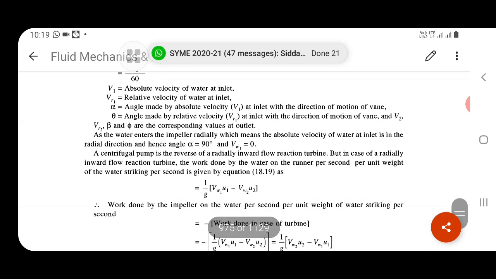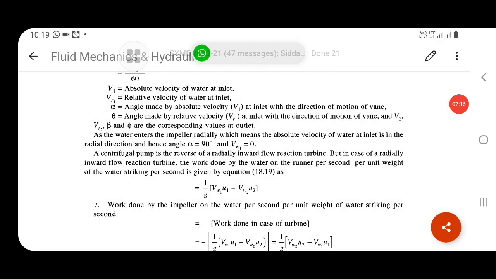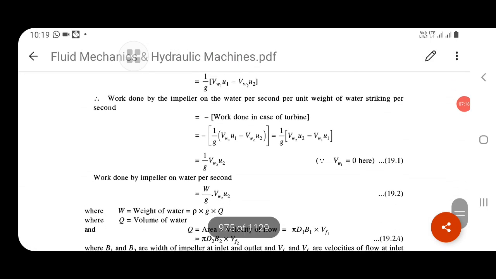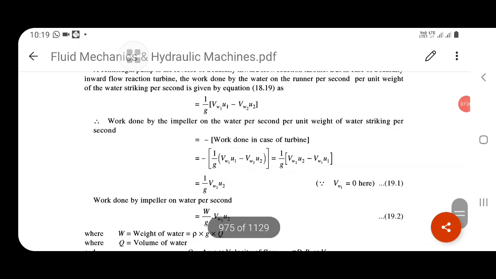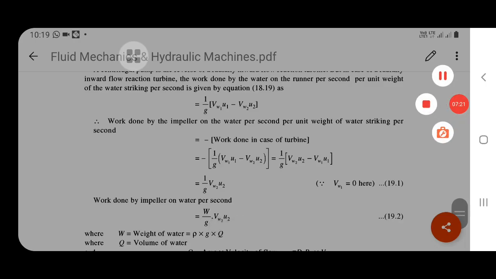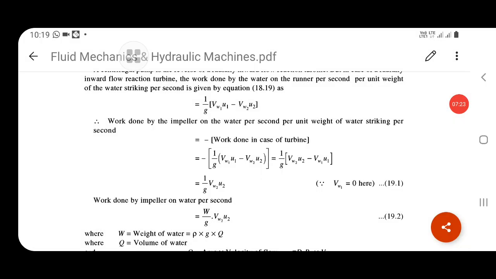So the work done by the impeller per second on the water striking is 1 upon g, Vw1 U1 minus Vw2 U2. That means 1 upon g, Vw2 U2 minus Vw1 U1.